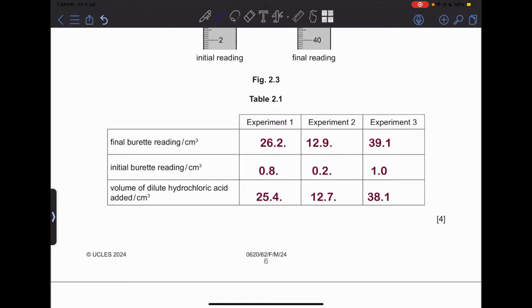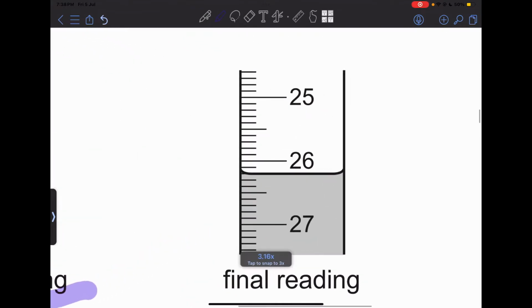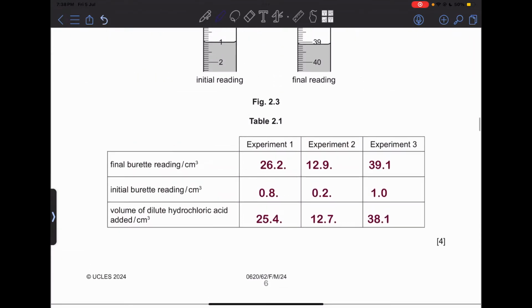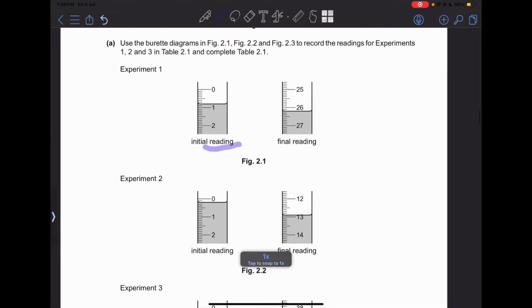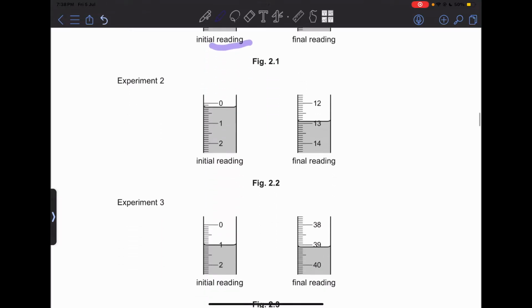So you have to write down in experiment 1 the final burette reading. Over here it was 26.2. So this is, for example, how you read it. This is inverted, by the way, so be careful. You have to write each one of them down for experiments 1, 2, 3.